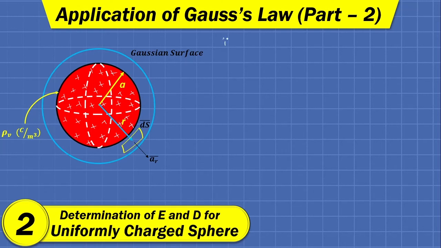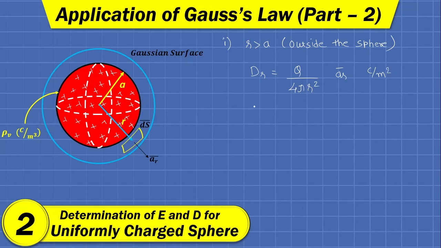So for the first area, that is r greater than a, or say outside the sphere, we are going to have the integral of D.ds equal to q.